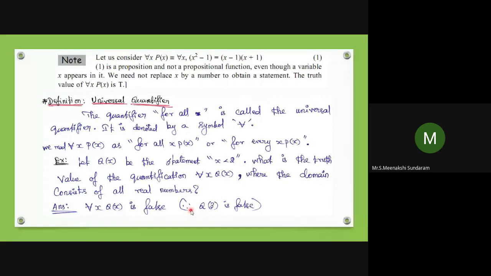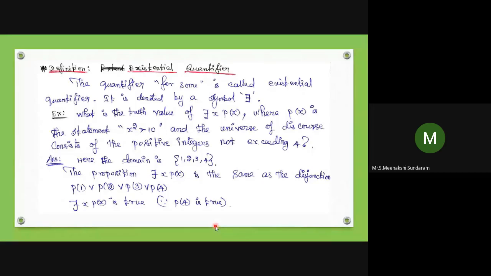Existential quantifier. The quantifier for some is called the existential quantifier. It is denoted by a twisted symbol, the mirror image of E. Example: what is the truth value of there exists x P of x, where P of x is the statement x square greater than 10, and the universe of discourse consists of the positive integers not exceeding 4?